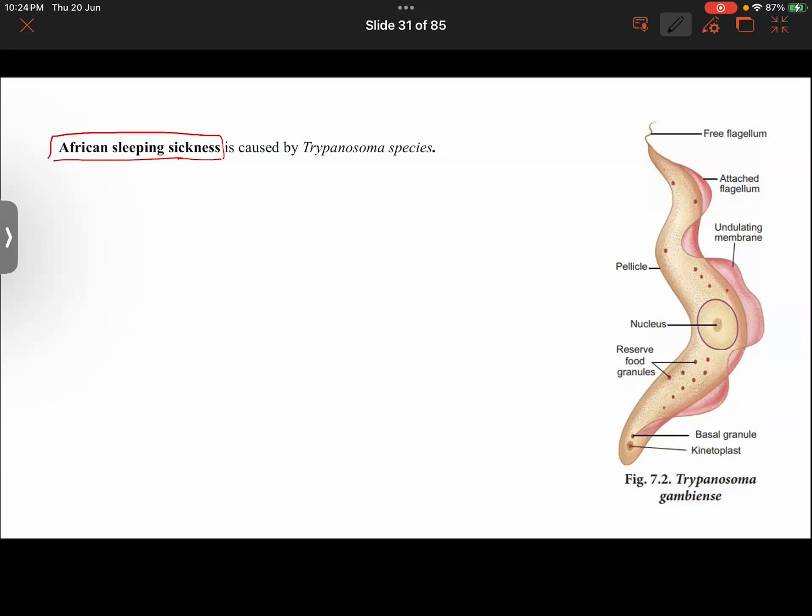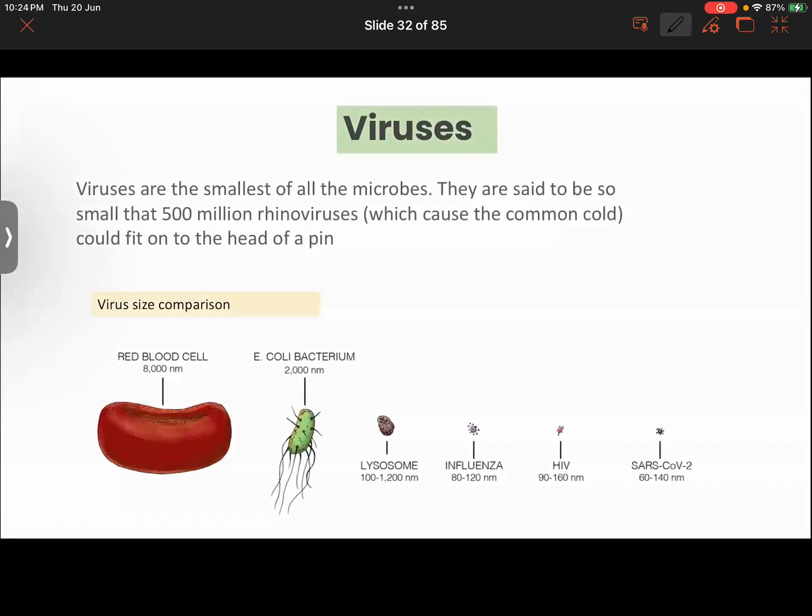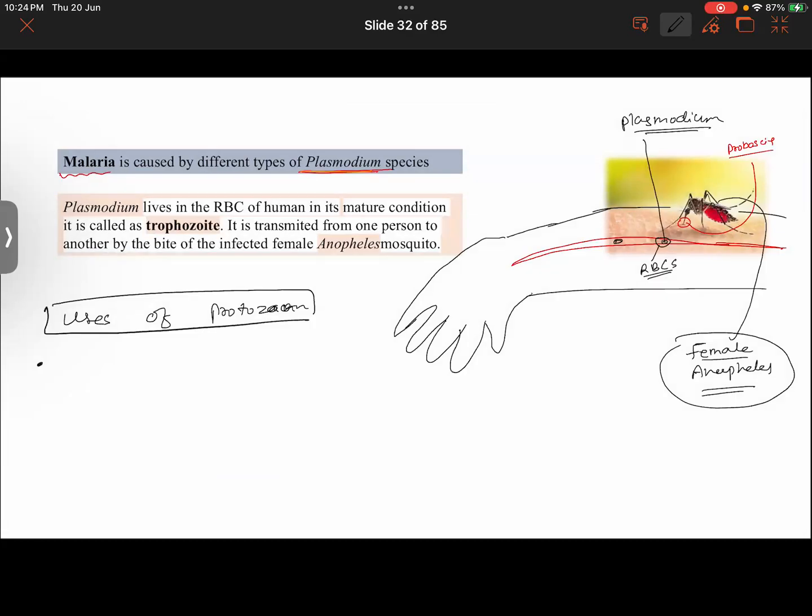Over here, uses of protozoa. Independent or free living protozoans are important in the seafood chain.